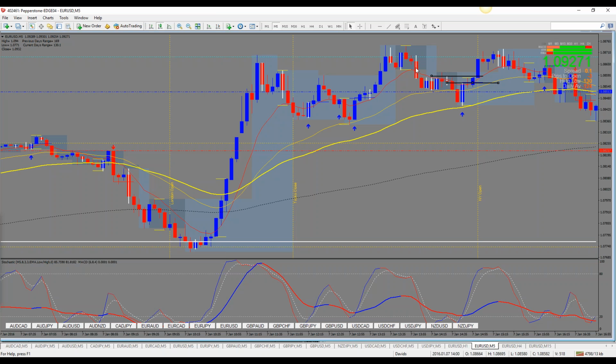It's broken the 10. Right, south. Counter trend, because my 10 and my 30 are long. Everything is looking long here. I was trying to work out why it wasn't a trade. That's because it's a counter trend. Yeah, that's fine.